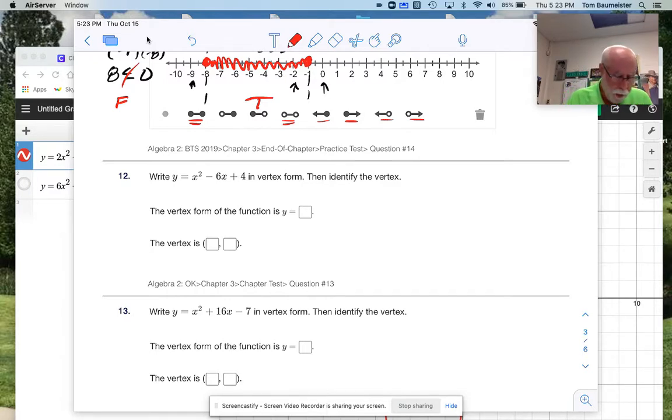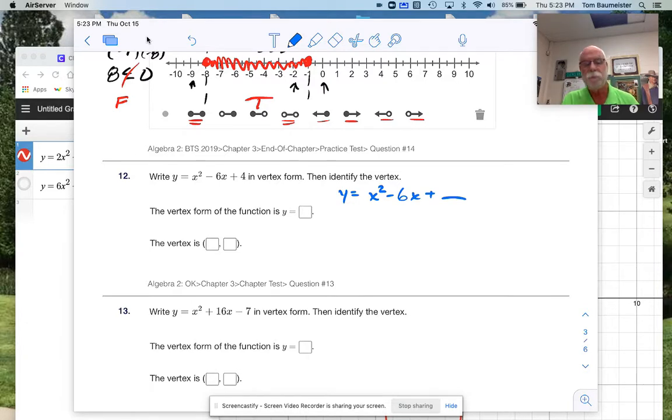So, write y equals x squared minus 6x plus 4 in vertex form, then identify the vertex. So remember, on these ones here, I had you complete the square. Since it said y equals, remember what I had you do was I had you say y equals, and on this one here, I grouped the x squared and the minus 6x together, and then I told you to put a blank.